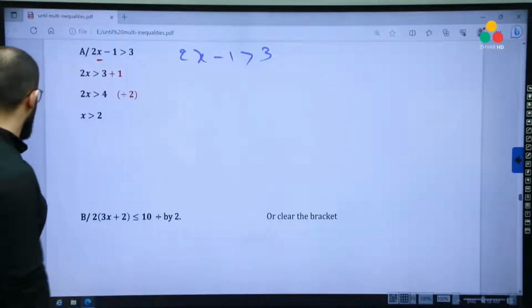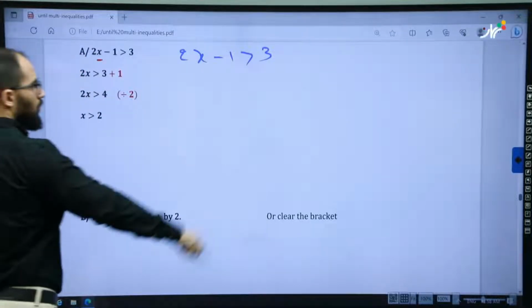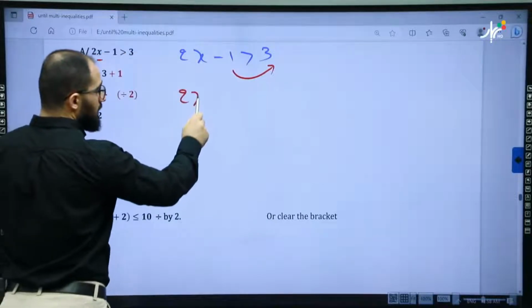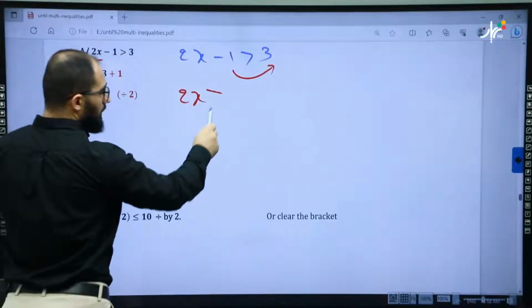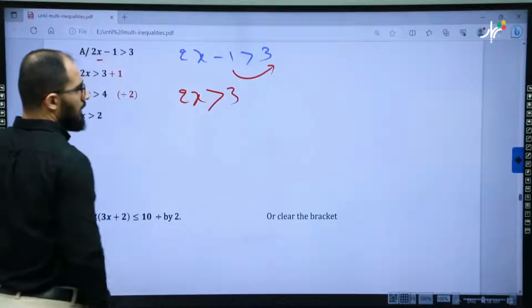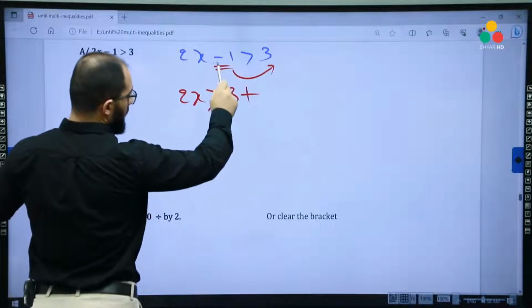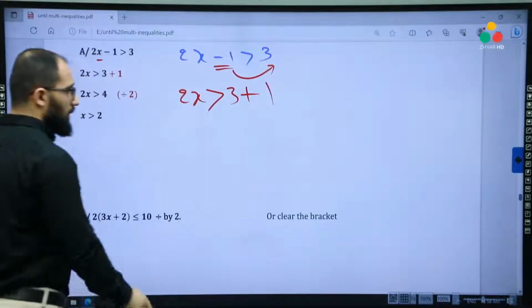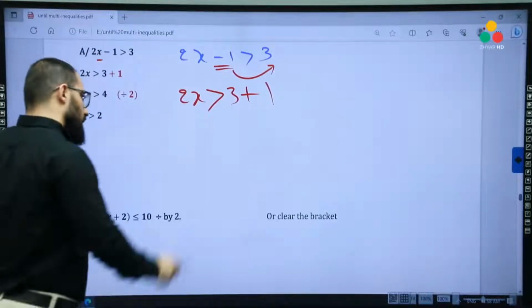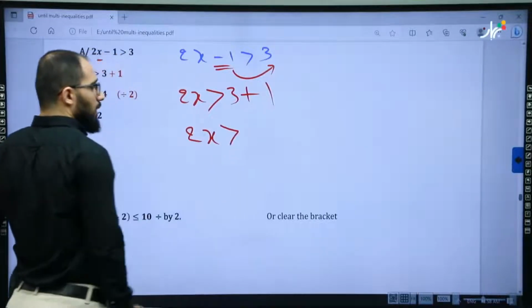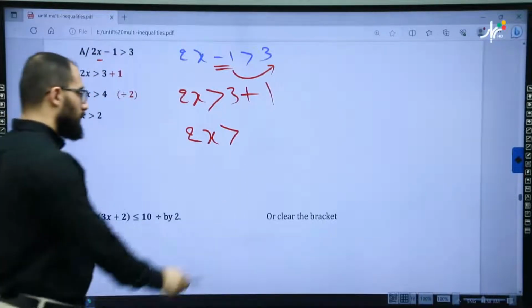First step, move negative 1 to the other side: 2x greater than 3, then because you have minus 1, it's going to be plus 1. Then 2x greater than 3 plus 1 is equal to 4.